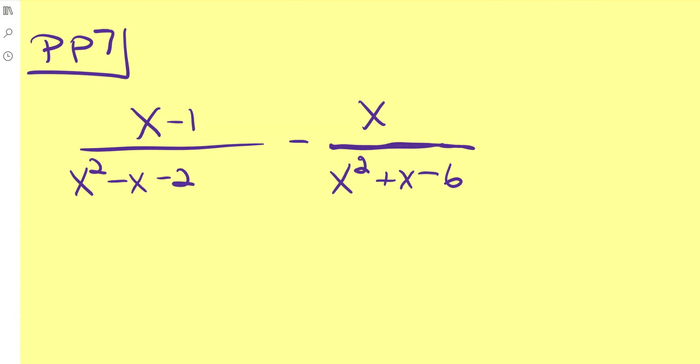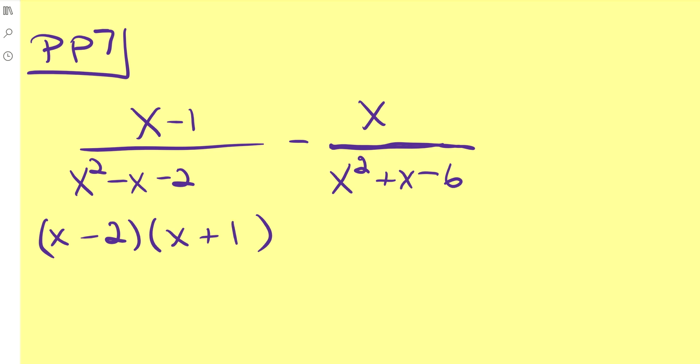All right, practice problem 7. Okay, my denominators are different. I know to factor these denominators, so let's go ahead and do that. Minus and plus, and it looks like this will be 2 and 1.